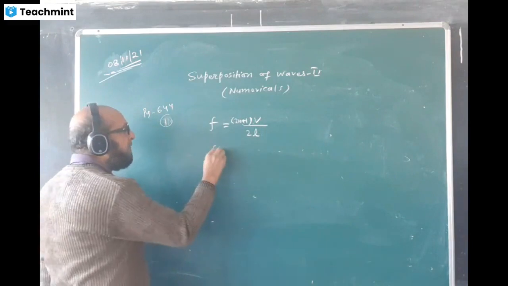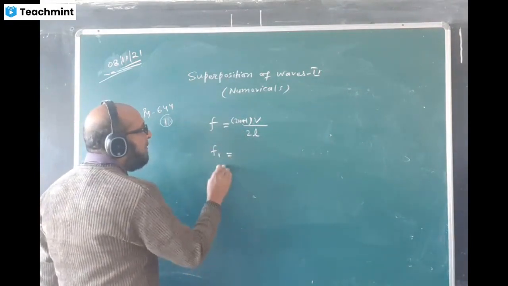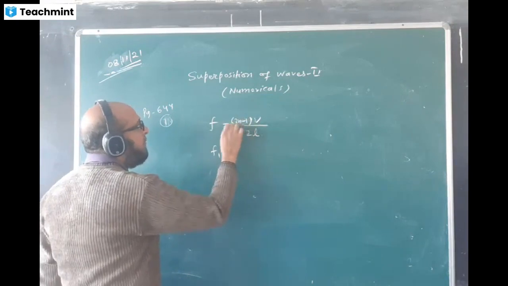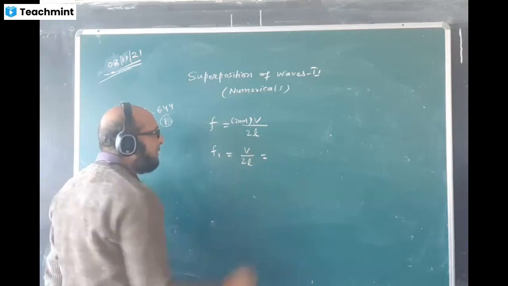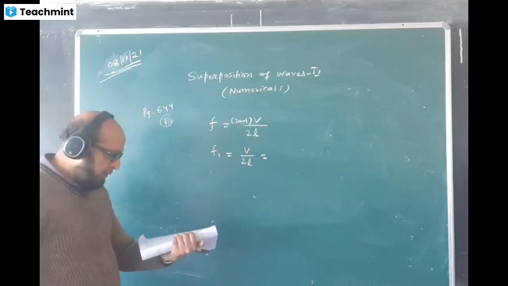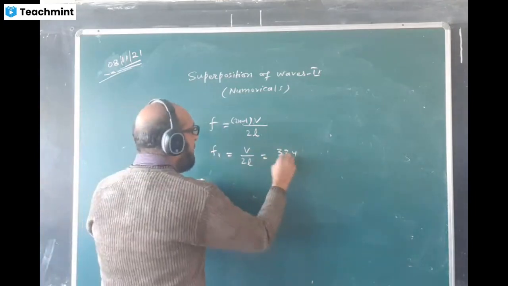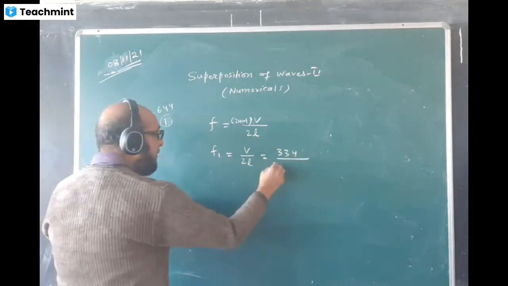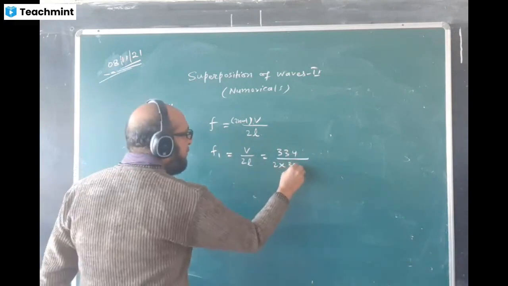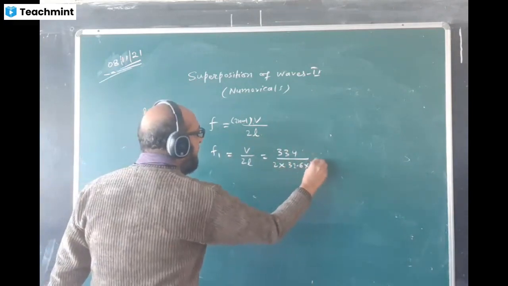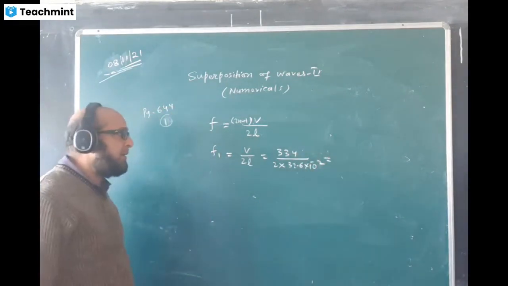Fundamental we have to find, that is F1. N value put 1. This will become 2n minus 1. I have given the formula, odd number. So 2 minus 1 is 1, first answer will become V by 2L. What is the value of velocity given? 334. 334 divided by 2 into the length, 32.6 centimeter, in meter 10 raised to minus 2, centimeter to meter.